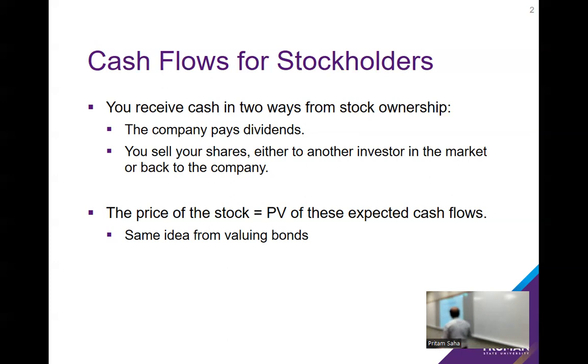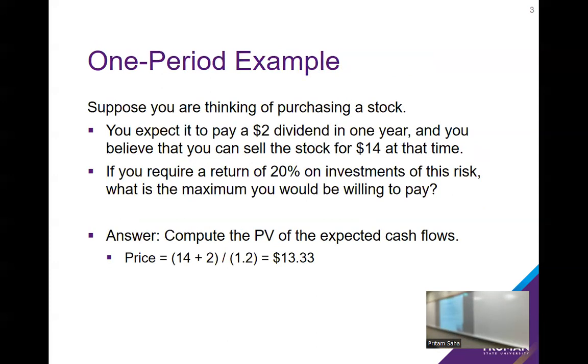So what we talked about so far, you receive cash in two ways: dividends, and then selling the shares in the future, right? So let's go over this example. Suppose you're thinking of buying a stock, and that stock will pay a $2 dividend in 1 year, and at the end of 1 year, you can sell the stock at $40.